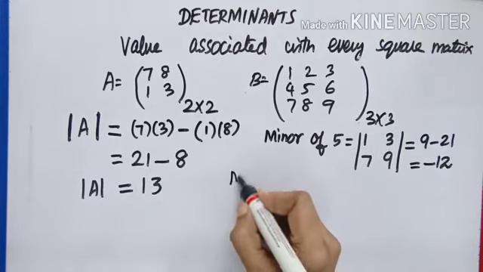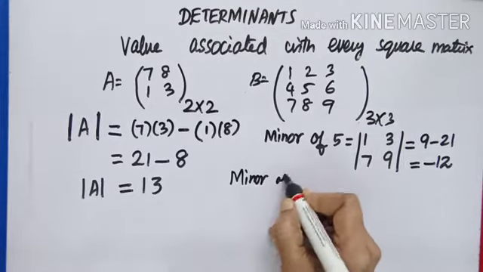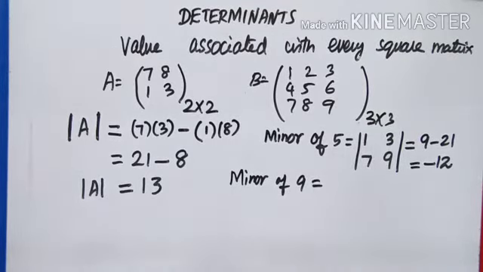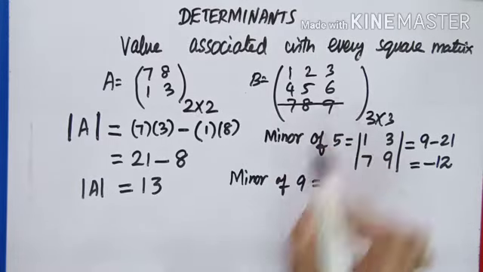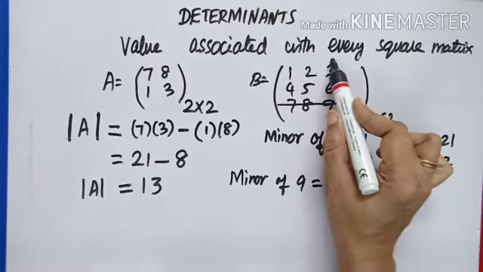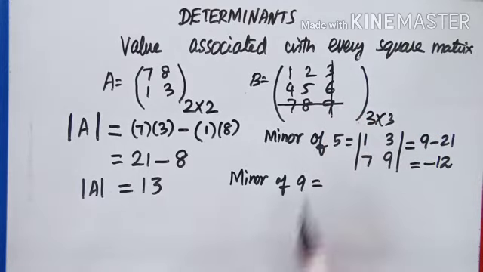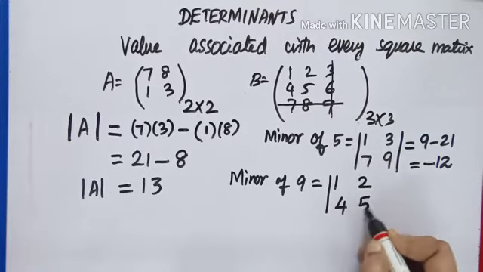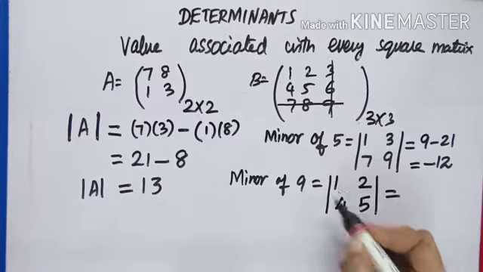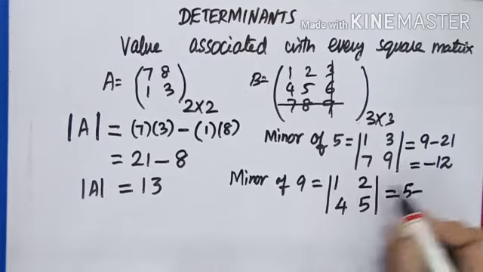Tell me another example. Minor of 9. Which one should I hide? 9 is coming in the third row. Hide it. 9 is coming in the third column. Hide it. What is remaining? 1, 2, 4, 5. Expand it: 5 minus 8.